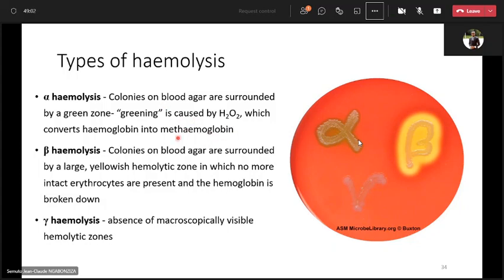And you have gamma hemolysis, where there is no visible hemolysis zone. So it's only colonies, but the hemolysis is not there. Here we have the oxidation of hemoglobin, and here we have a clear zone surrounding the colony, and this is beta hemolysis. So we can classify our streptococcus based on this: some are beta hemolytic, some alpha hemolytic, and some non-hemolytic or gamma hemolytic.